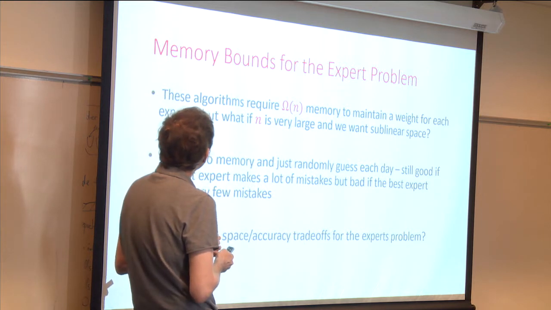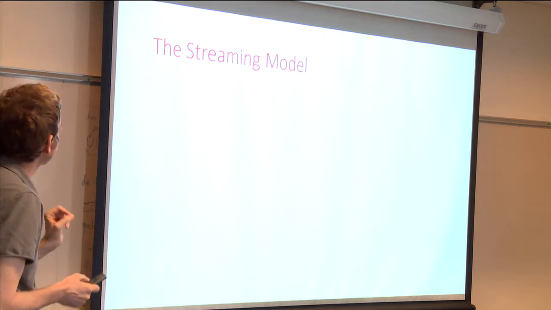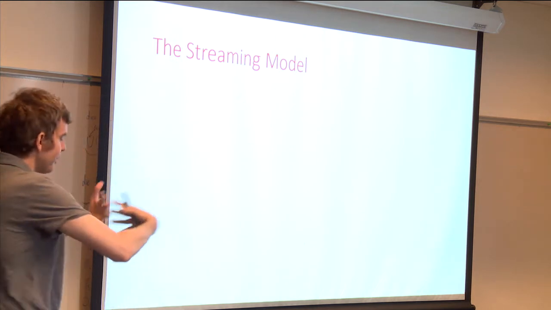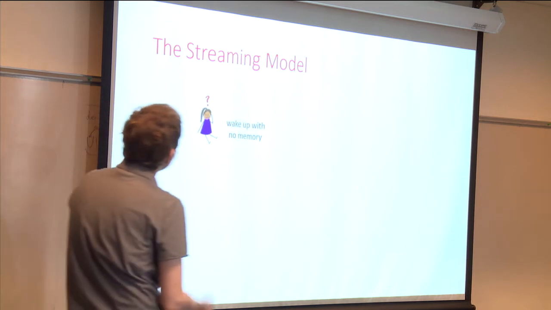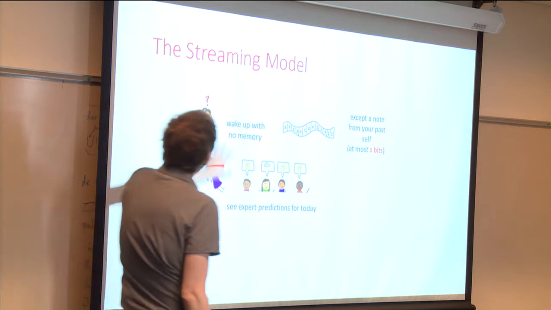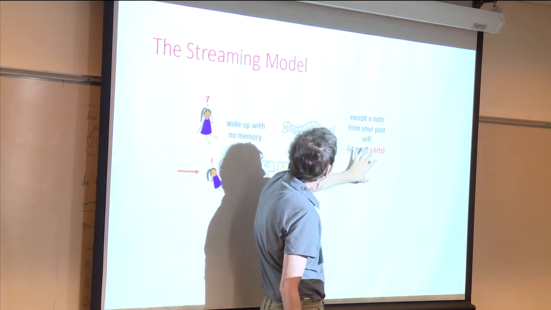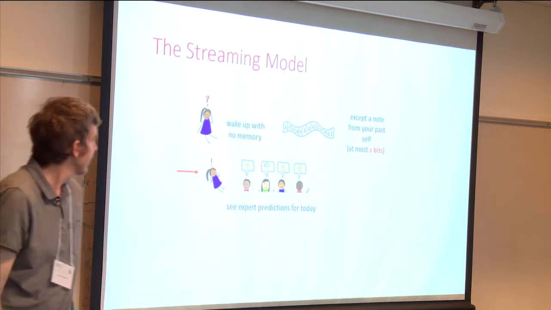We're going to focus on looking at this question in the streaming model. It makes sense since this is a problem of sequential prediction. In this model, on each day you wake up with no memory, except possibly a note from your past self which has at most s bits. s is your space.